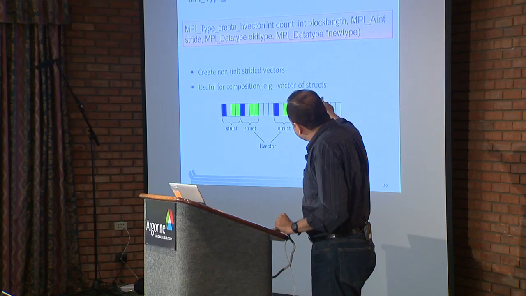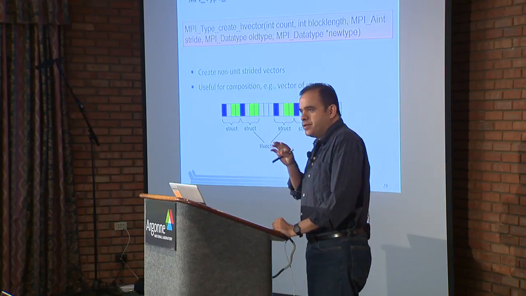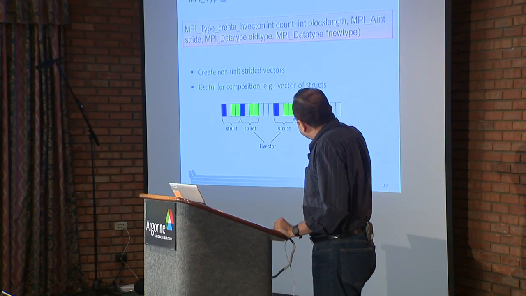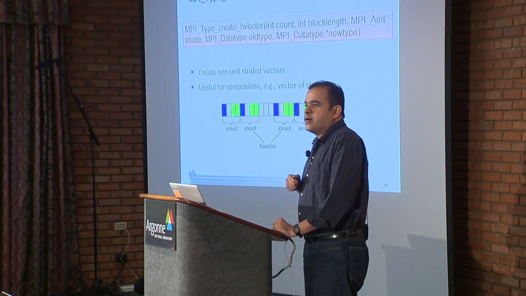So wherever you're running, the MPI implementation will define MPI Aint correctly so that any address can be represented. And since you are in this H vector, the stride is in terms of bytes, not in terms of the size of the old type. You need an address-sized integer. That's the only difference. So those are the vector types.